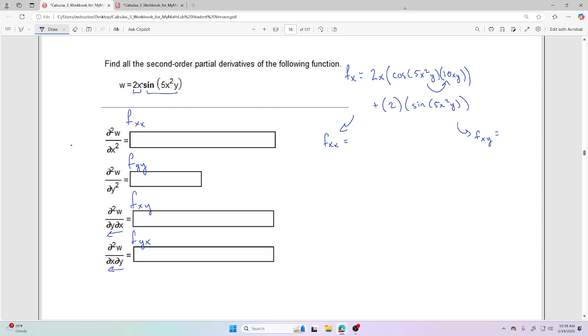Oof. Yeah, that's how I feel. So what I want to do is simplify this a tiny, tiny bit. Right up here, notice that there are 2 X's right there. Now I can mush them together: 20x squared y cosine, plus 2 sine. And I'm leaving the inside alone.